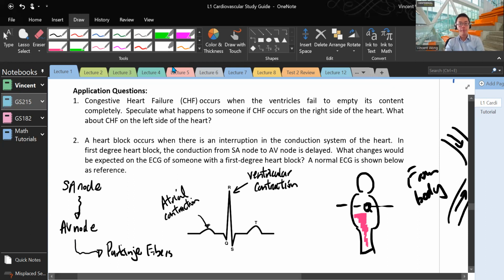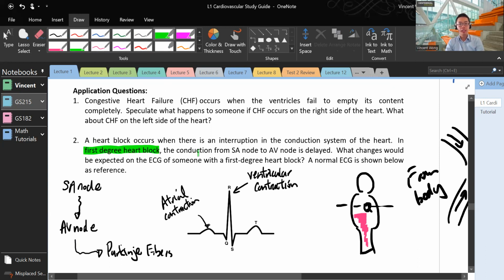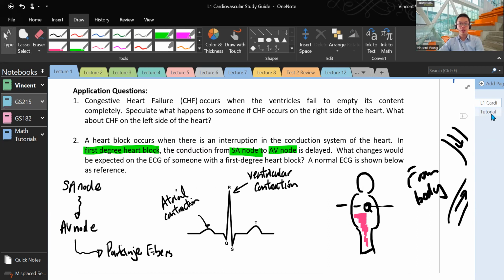So here it says a heart block occurs when there is an interruption in signal conduction system of the heart. In first degree heart block, the conduction from SA node to AV node is delayed. What changes would be expected on the ECG for someone with first degree heart block? Okay, so let's see what you think.